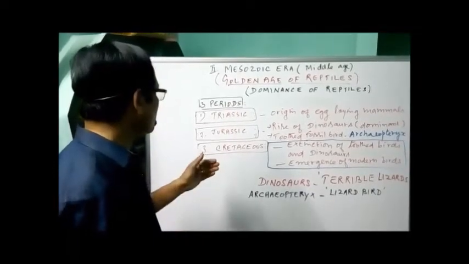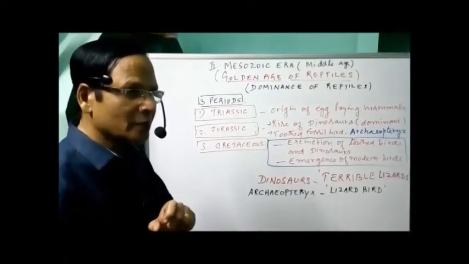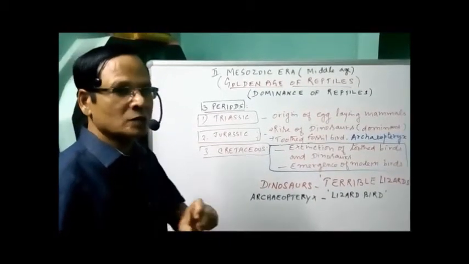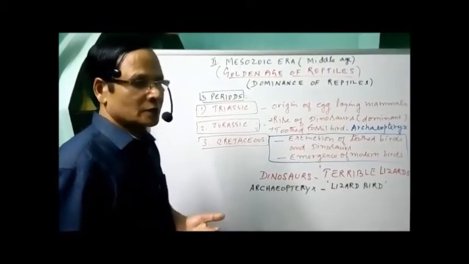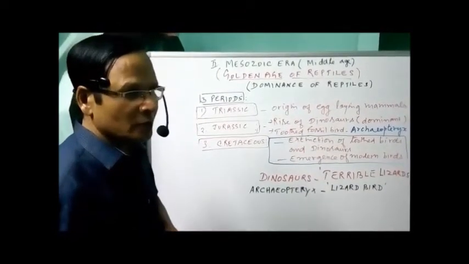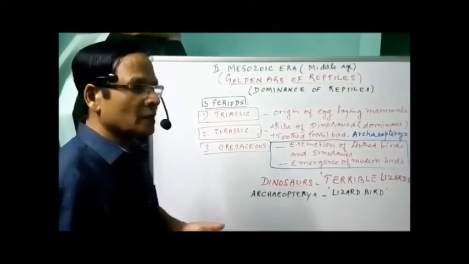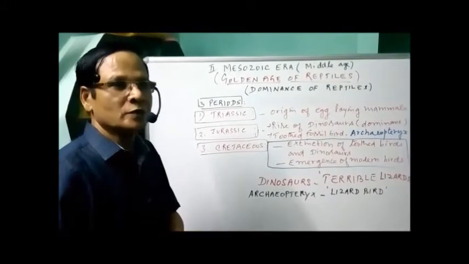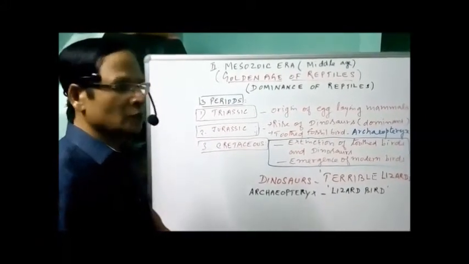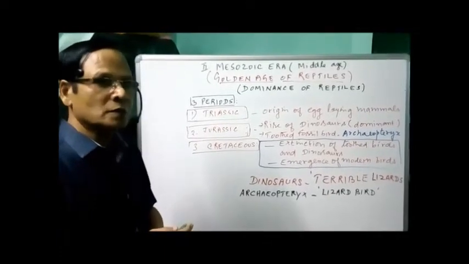But the Cretaceous period was marked by the complete extinction of dinosaurs and also the toothed birds. There were many reasons for that. Maybe environmental factors, availability of food or competition, and there are so many factors responsible for the extinction of the dinosaurs, the huge reptiles that normally roamed around the earth.